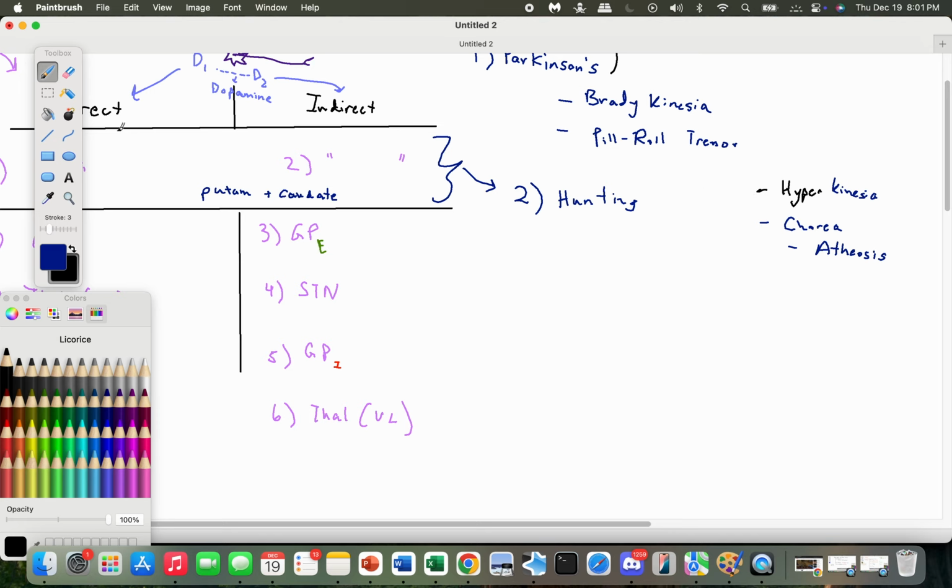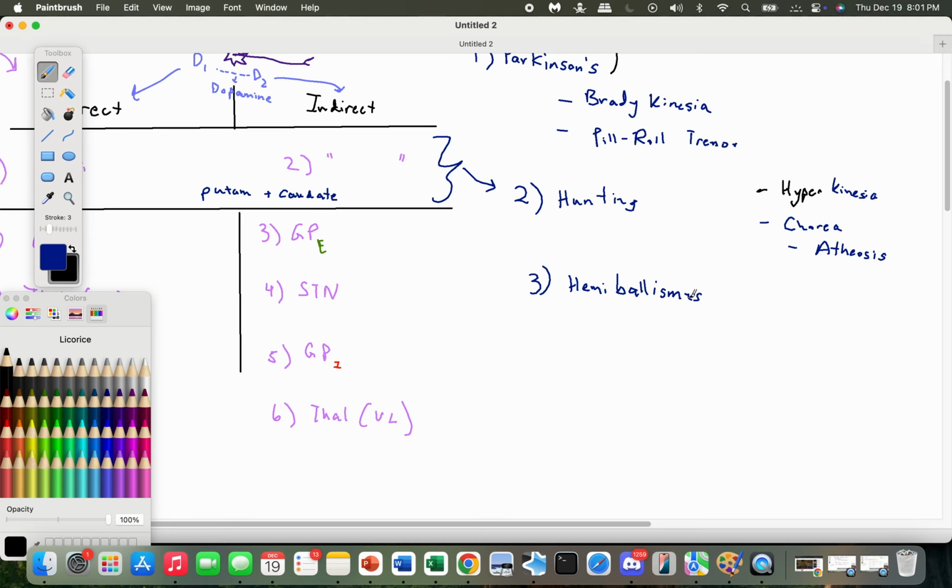Okay, now the third disorder that we need to know is hemiballismus. Okay, hemiballismus is another disorder that affects the basal ganglia pathway.